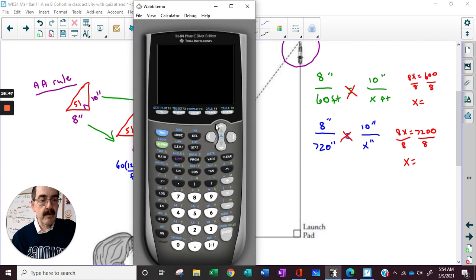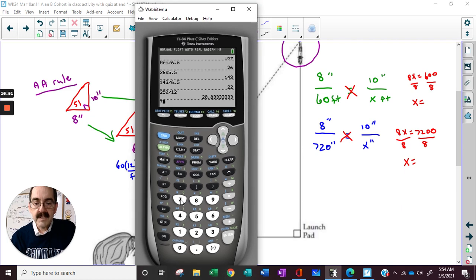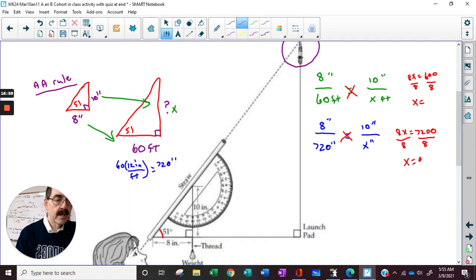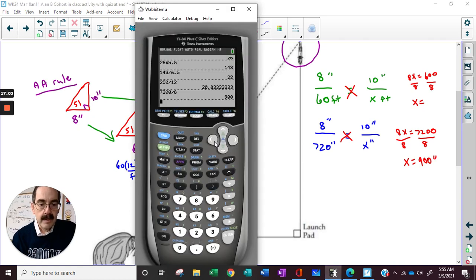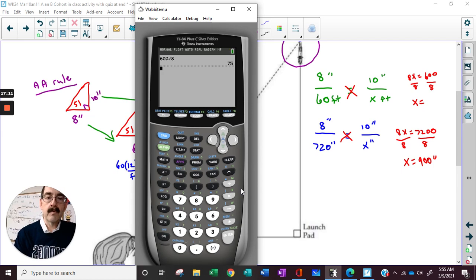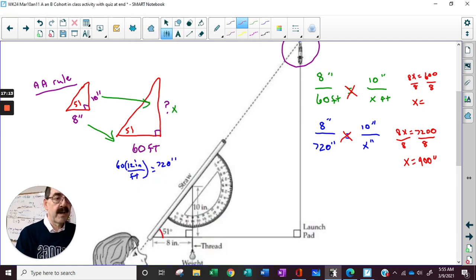So let's use our calculator, and we're going to get 7,200 divided by 8 is 900 inches, and then on the other guy, 600 divided by 8 equals, what, 75 feet.